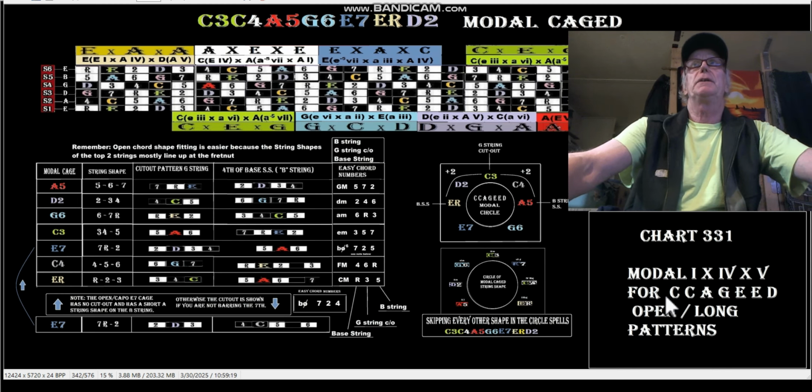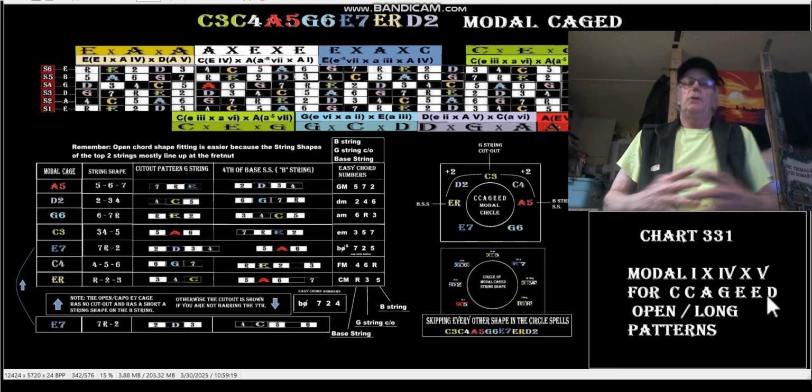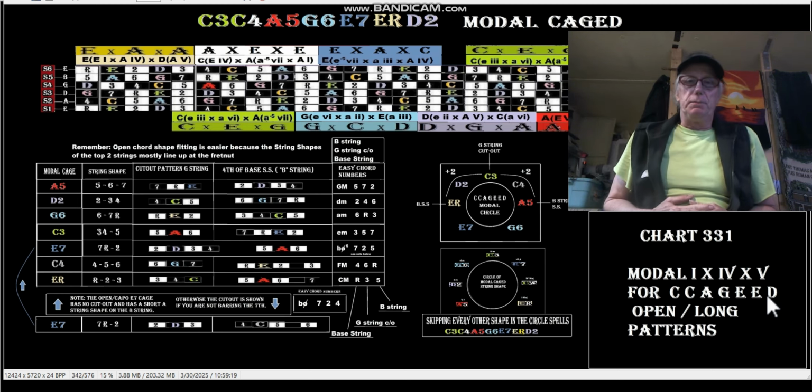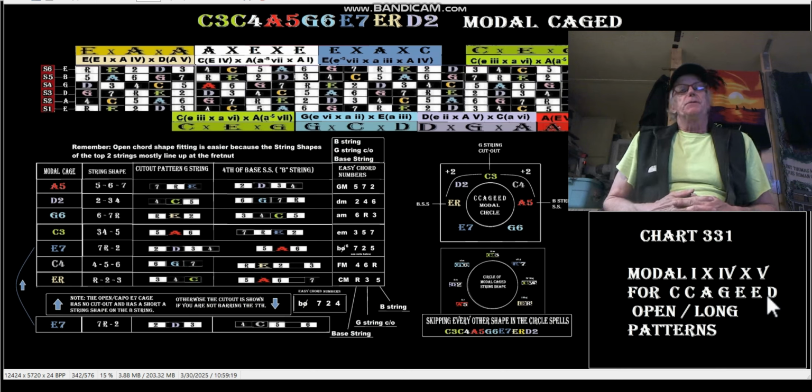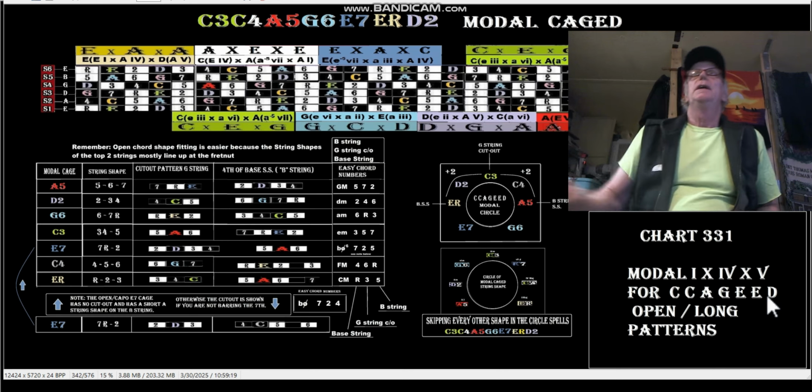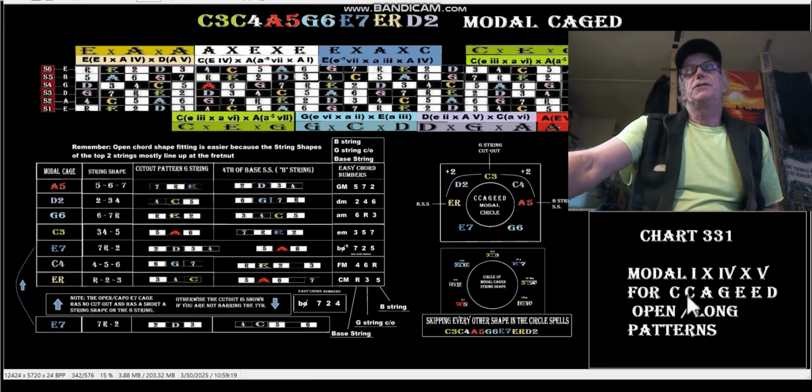Now the long patterns is the CAGED, and as you know, the long patterns are patterns you can play from the fret nut, so it's not just CAGED anymore. It's two forms of C. Okay, so we have the E minor and the F major, which is the Lydian fourth.